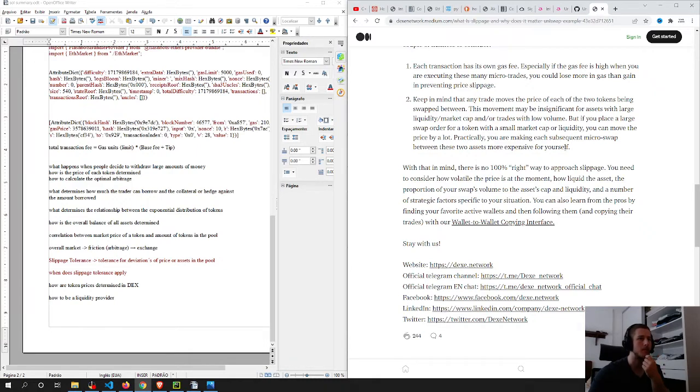So the price is still managed by the overall price of the token, yeah, of course. And the DEXs are just a part of that dynamic. And the friction happens when you have these transactions between tokens.